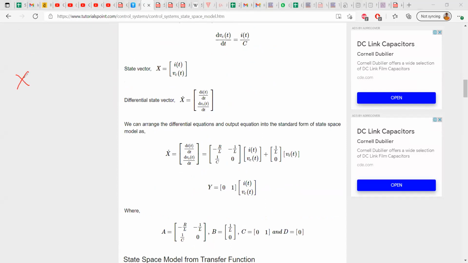X dot equal to A into X plus B into U. Y equal to C into X plus D into U. So what are the equations we have? This is one equation. And we have one more equation. What is that equation?